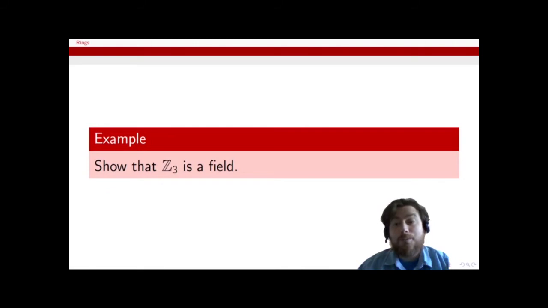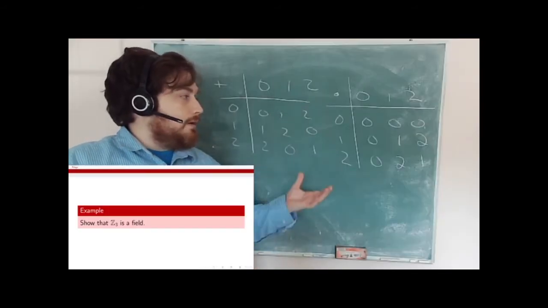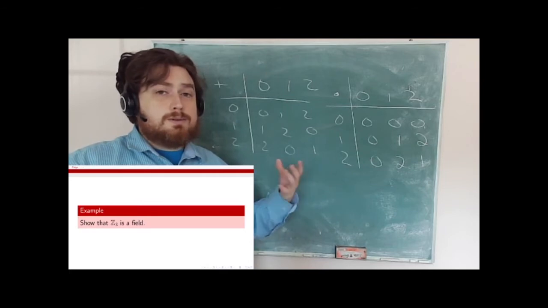All right, so if we look back at the Cayley table we've already made for Z3, we can look through and say that, well, let's make sure that Z3, if I just look at the non-zero numbers, ends up giving a commutative group. We already had our Cayley tables from before, so I'm just reusing those.